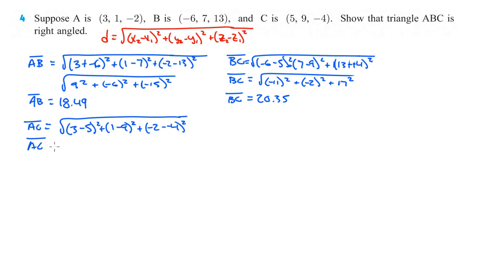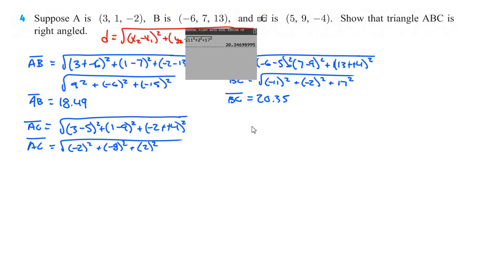So AC is going to equal 3 minus 5, that's -2 squared, and 1 minus 9 is -8 squared, and then -2 plus 4 is 2 squared. So we should be able to put that all into our calculator, and away we go. So we square root 2 squared plus 8 squared plus 2 squared, and we get 8.49, we'll call it.